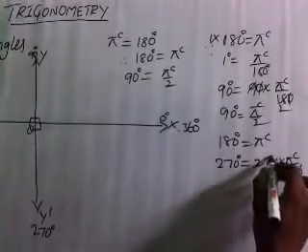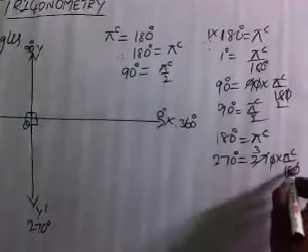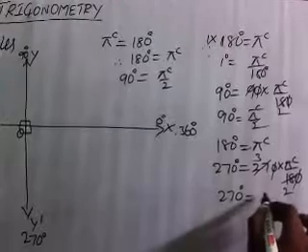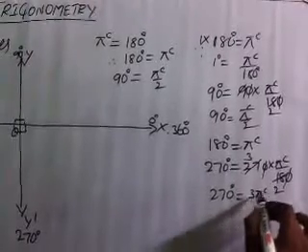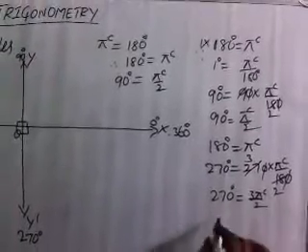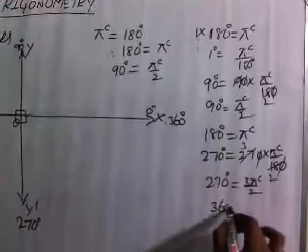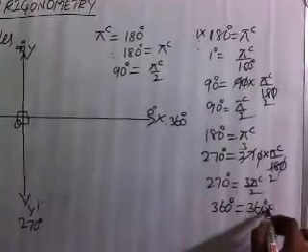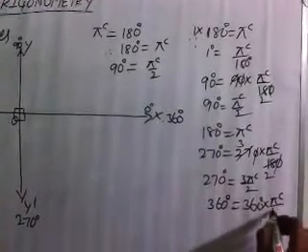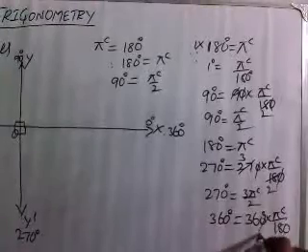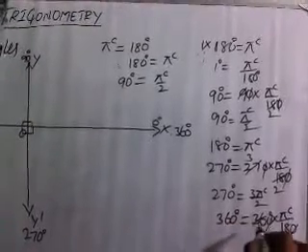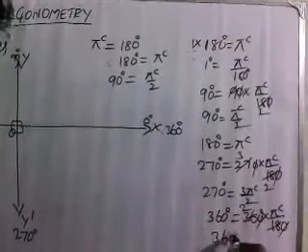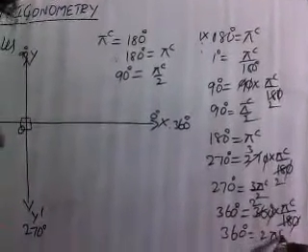The zeros get cancelled, 9 threes are 27, 9 twos are 18, so 270 degrees is equal to 3 pi radians by 2. 360 degrees is equal to 360 into pi radians by 180. The zeros get cancelled, and 18 twos are 36, so 360 degrees is equal to 2 pi radians.